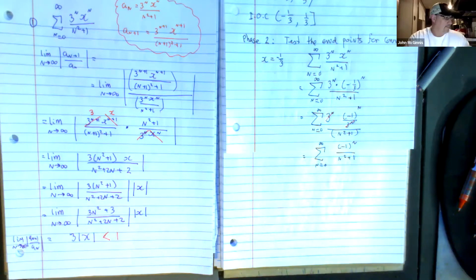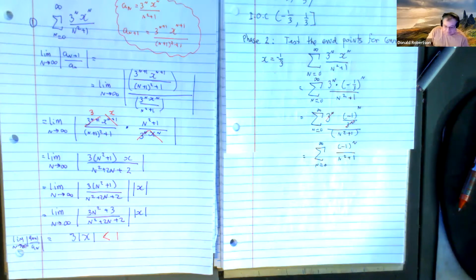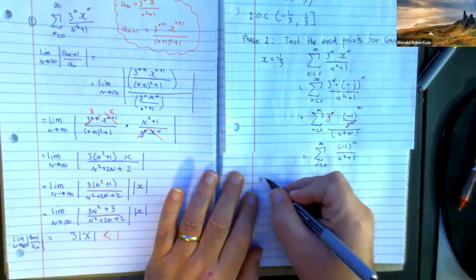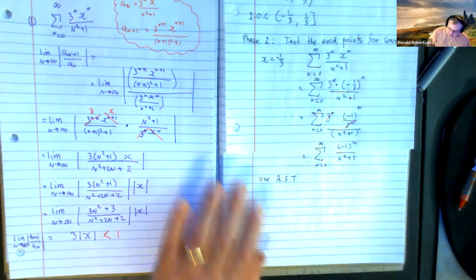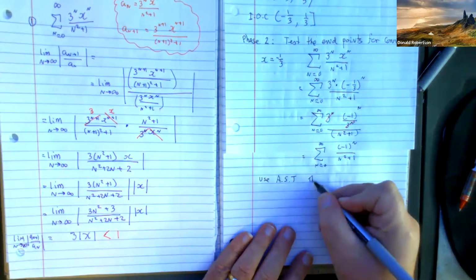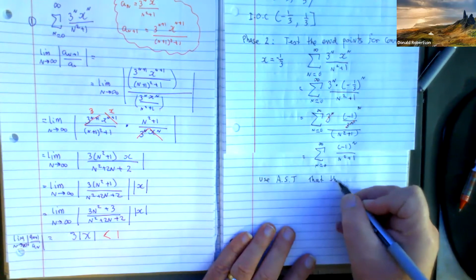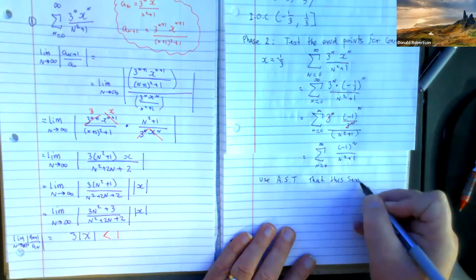Your AST. Right. Okay, alternating series test. Now, I don't have as much time as I'd like. Can you trust me that if you use the alternating series test, which would probably take another 5 minutes, that this series converges?